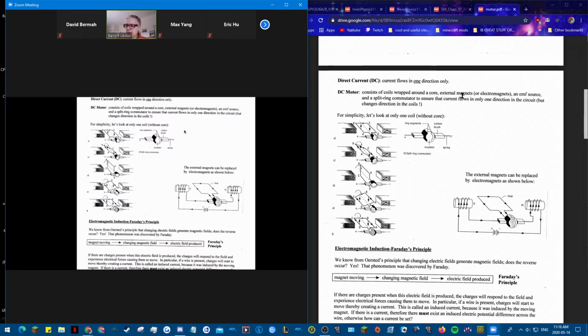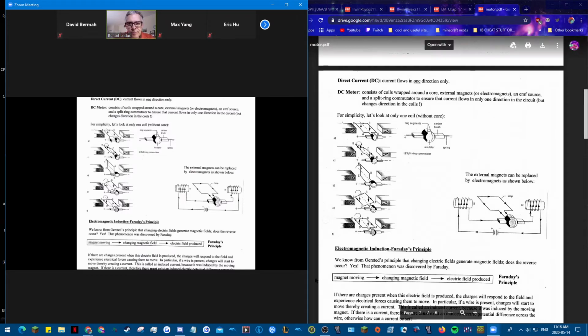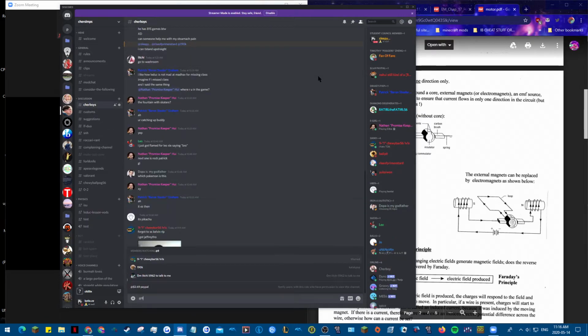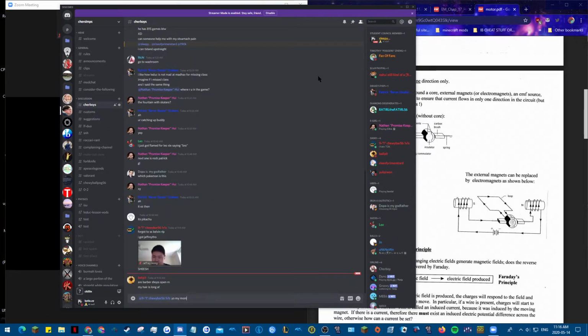Okay, so a DC motor has three essential parts here. You have an external magnet, or you could also use electromagnets if you want. But let's see, an external magnet here. You have this here, like A and D. These are called the brushes. Okay, a carbon brush, though it may not be made of carbon, right?